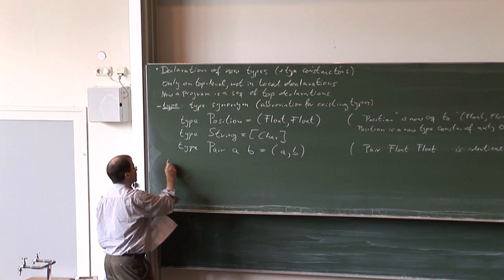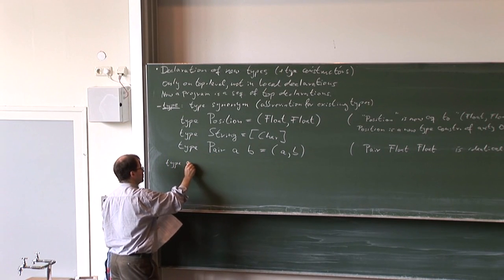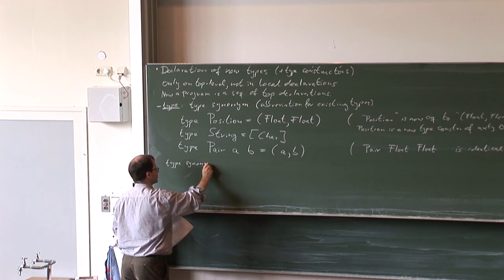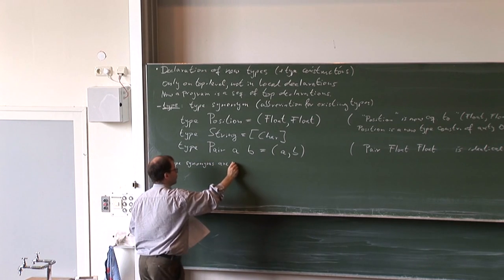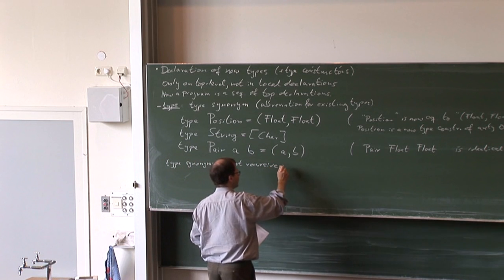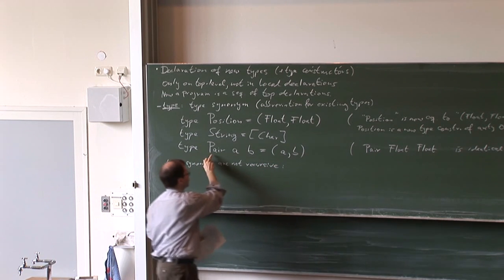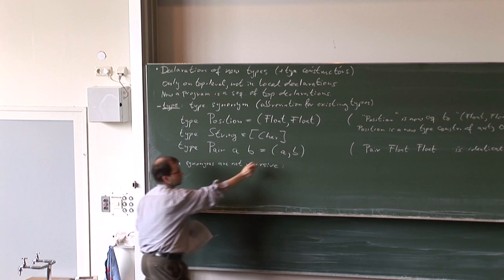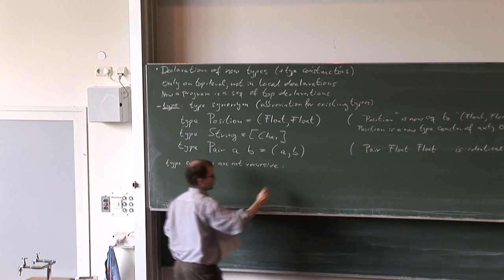So type synonyms are not recursive. In other words, the newly defined type constructor, so something like Pair, may not appear on the right-hand side over here.